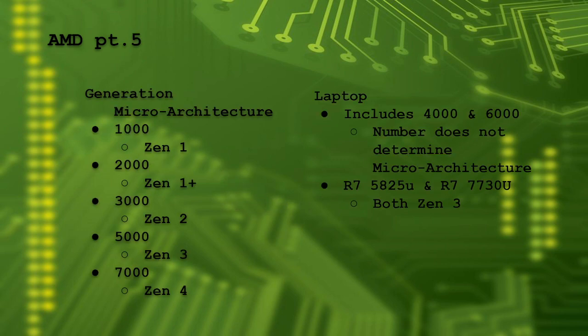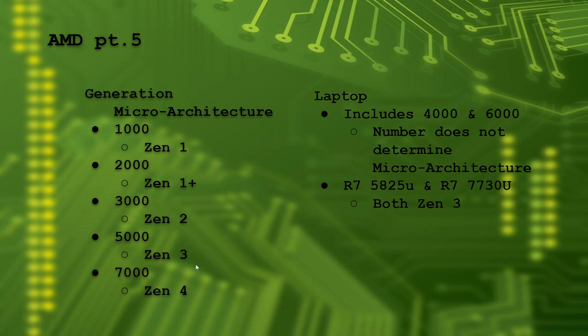Last but not least, generation. This goes back to what I was talking about. Intel also does this, but it's easier to explain with AMD. Each number increase in the generation number is also a microarchitecture improvement. This is the largest microarchitecture. This is the smallest. And each one comes with improvements.